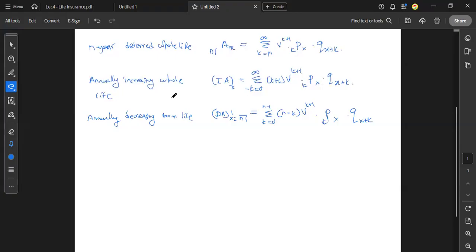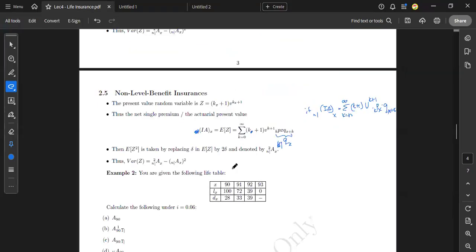We start from 0 if we want the coverage to start from the time of purchase, and from n if we want it to start after n years. We go to infinity if the coverage is whole life, and to n years if the coverage is n-year term life. And the pure endowment is just a one-time payment at the completion of n years with the policy. So that is the story.